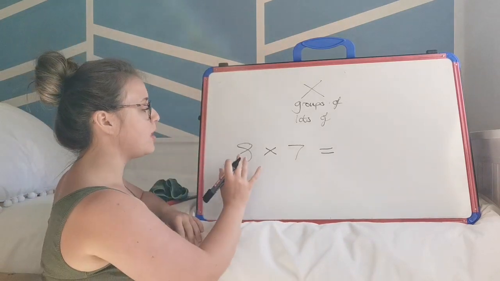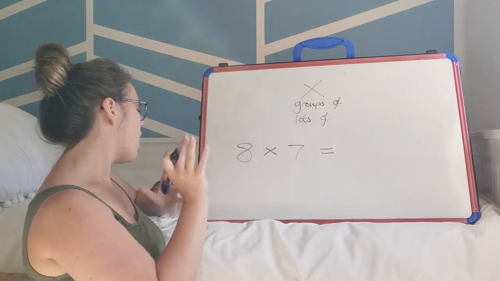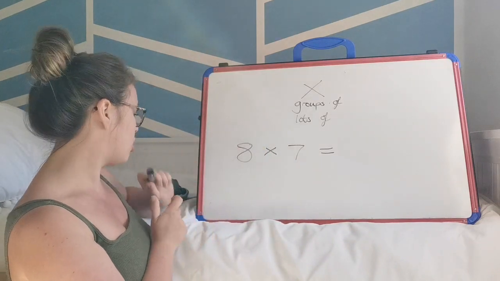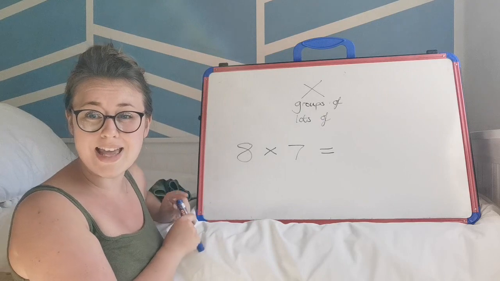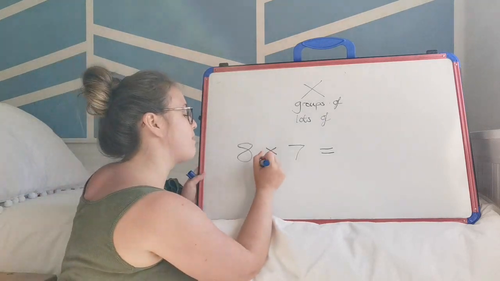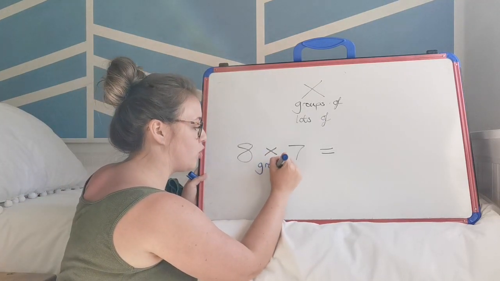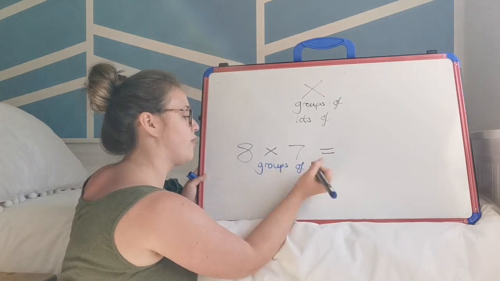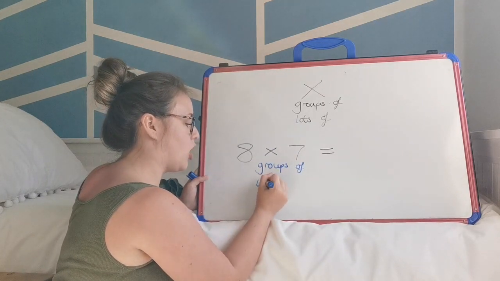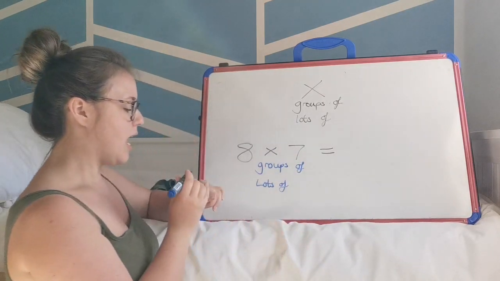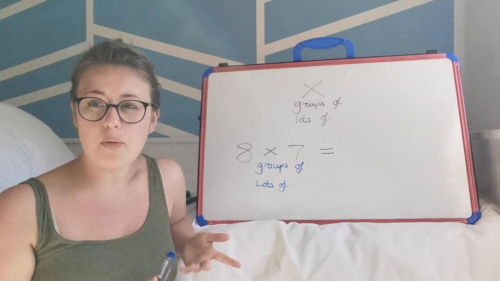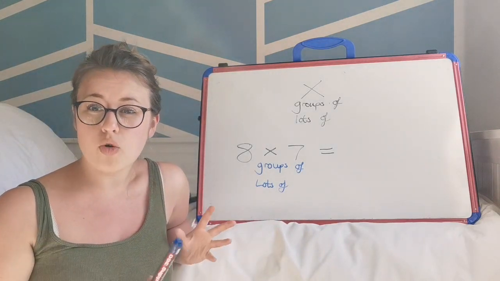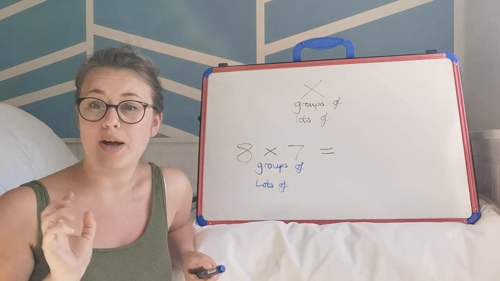So like I said, if we were looking at 8 times 7, I wouldn't expect younger children or children at the beginning of their journey to read that as 8 times 7. I would expect them to read that as 8 groups of 7 or 8 lots of. And that will help them then to use these drawing strategies, which I will talk about now.